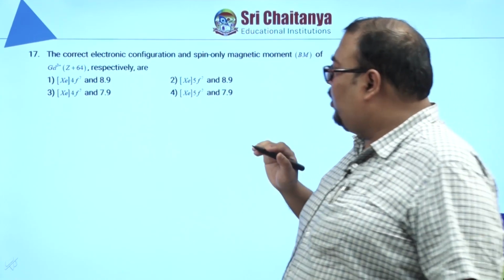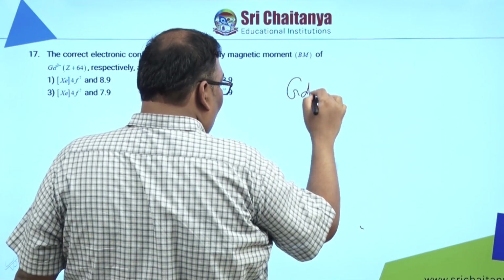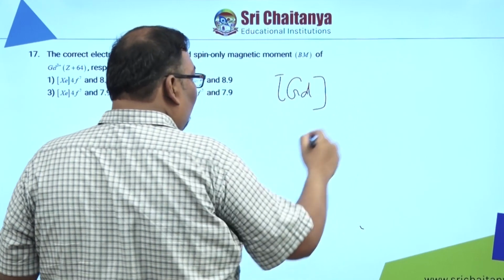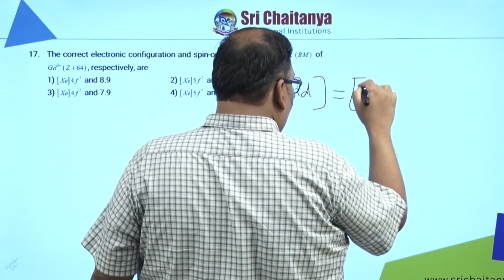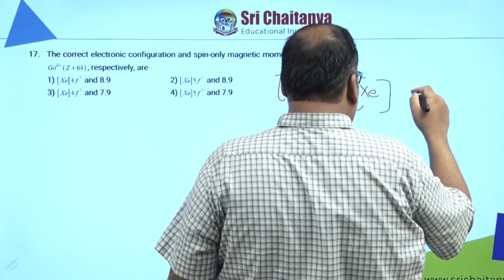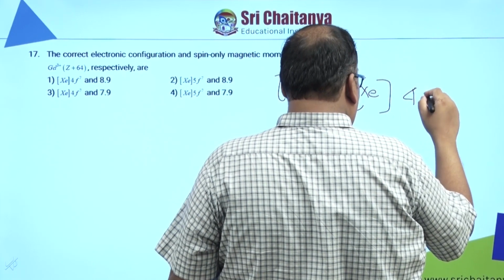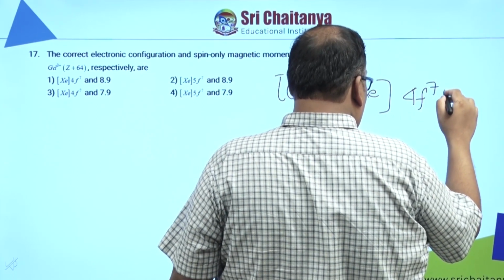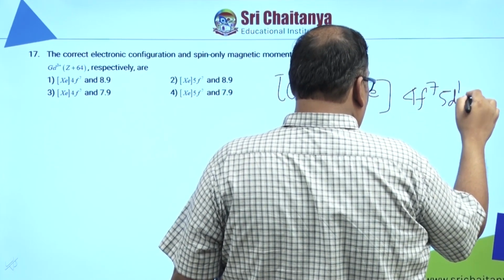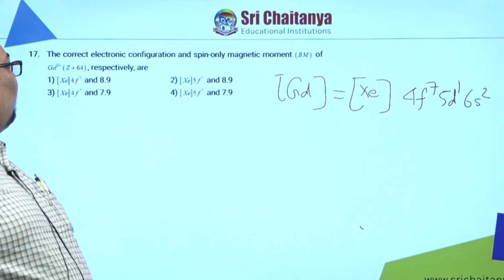Now you see, when you are talking about gadolinium, it is having the configuration xenon 4f7, 5d1 and 6s2. This is the configuration of gadolinium.